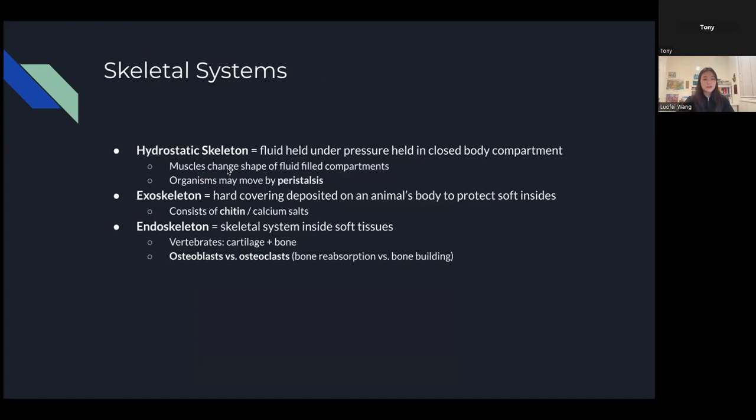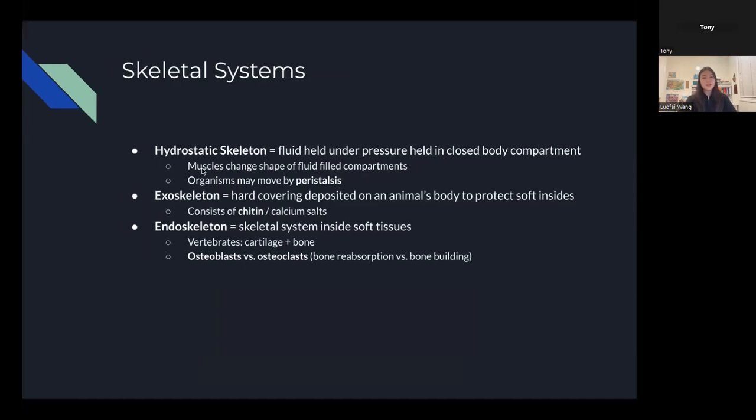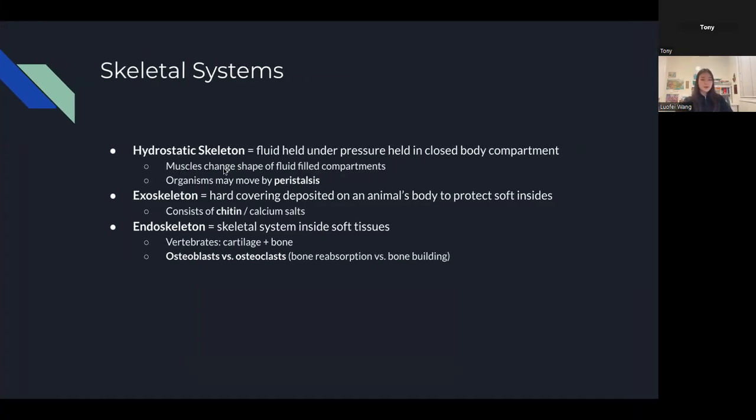Okay, and here's just a really quick thing about skeletal systems. There are a lot of different skeletal systems. The hydrostatic skeleton will basically hold all the fluids in the body, and the muscles will change the shape of the filled compartments, and organisms can move by peristalsis, like in a worm or in a hydra.